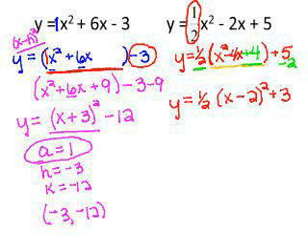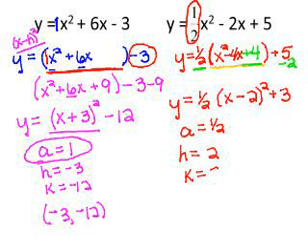Now we've got it in standard form. You should be able to tell me that the a value is 1/2, and visualize that parabola with an a of 1/2. We are shrinking it by 1/2, so it is wider than our parent function. The h value is positive 2. The k value is positive 3. So that means our vertex is at the point (2, 3).